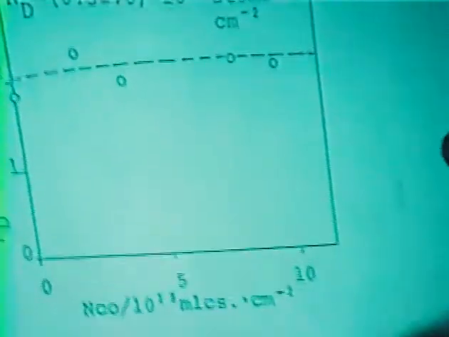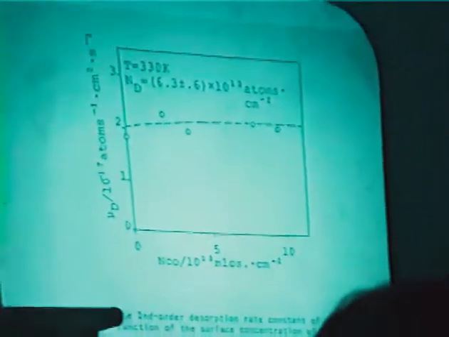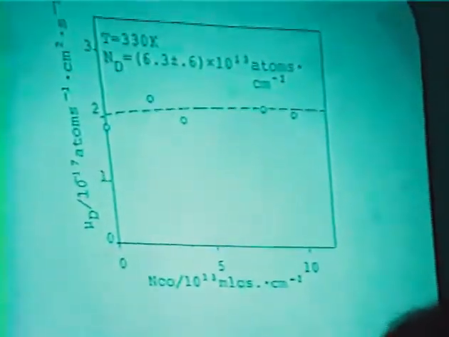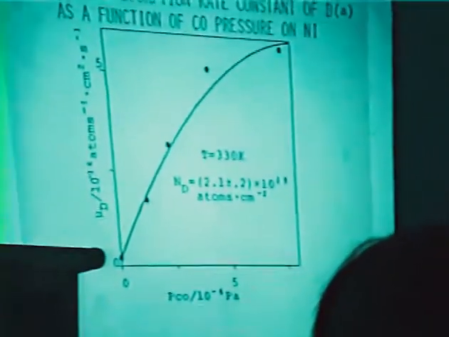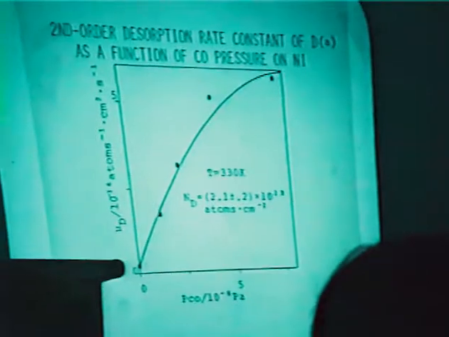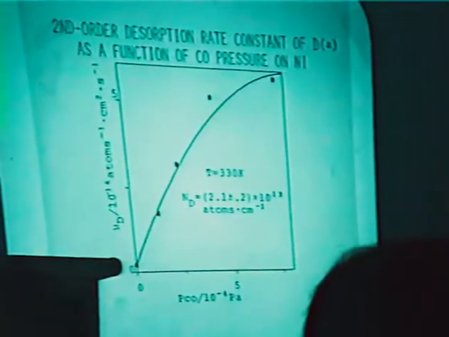But actually, with CO adsorption, the rate of adsorption of hydrogen is not realistic. So in this case also, hydrogen adsorption is accelerated by the presence of ambient CO, and it is not because of the presence of CO in the adsorbed state.